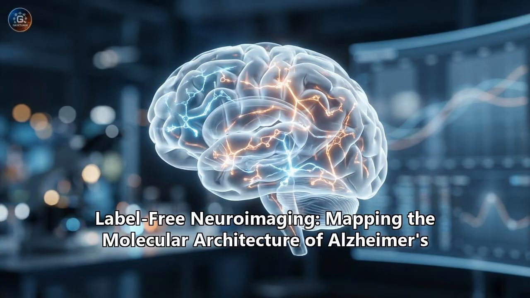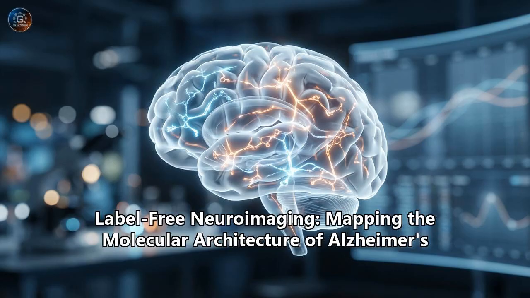The massive transition to label-free neuroimaging is not merely a fancy technological upgrade. It is a profound, philosophical evolution in the life sciences. For centuries, our foundational understanding of biology has been inherently destructive. We kill, fix, freeze, slice, and heavily stain living tissue just to understand it.